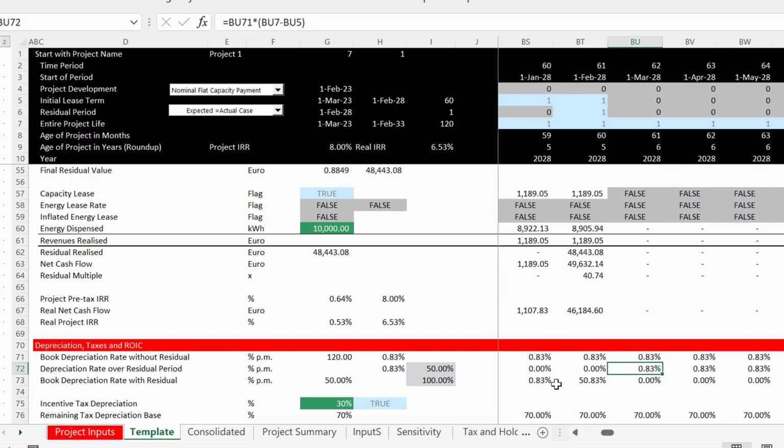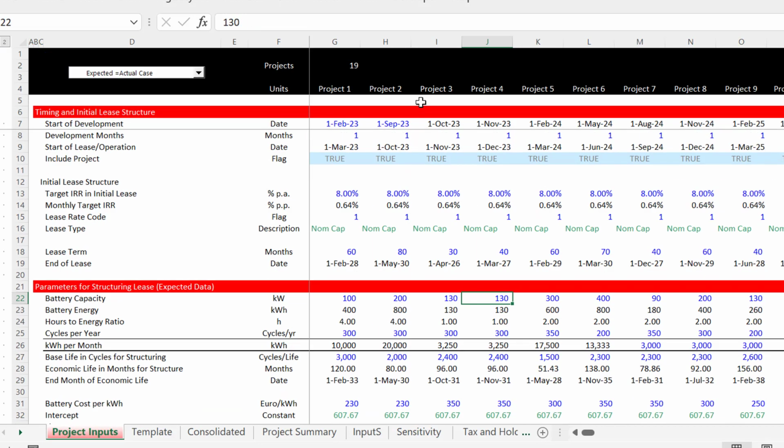Then we take this residual, we take the depreciation over the lease period, and I made this too simplistic, didn't I? We need to change this just a bit. Okay, let's make it 350.